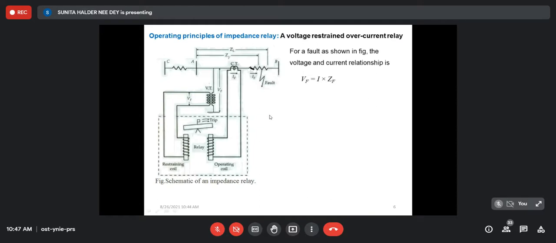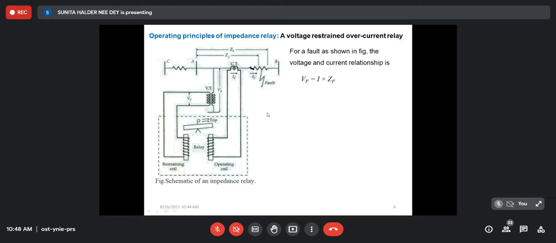What is the operating principle of distance relay? It is actually an overcurrent relay, but the restraining torque is a voltage restraining torque. For an ordinary overcurrent relay, the restraining torque was given by only the spring.